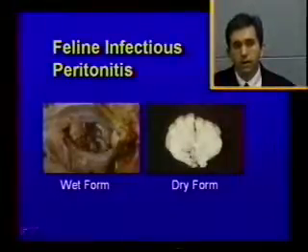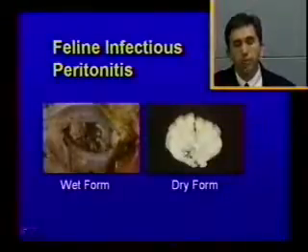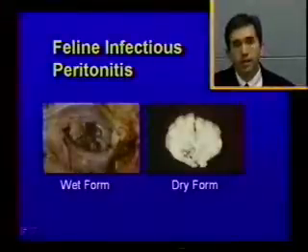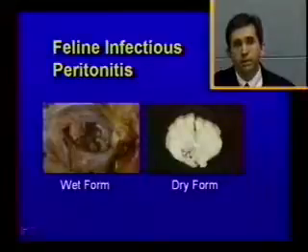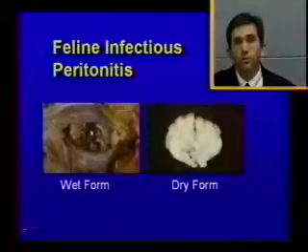And what we see here is this asymmetrical area that I'm pointing out that is deep red. And that area is a site where the blood vessels have been injured and there has been hemorrhage in that site, and that is the classical dry form of FIP. So this cat would show neurological signs, and this cat would have shown a very distended abdomen and a high fever.